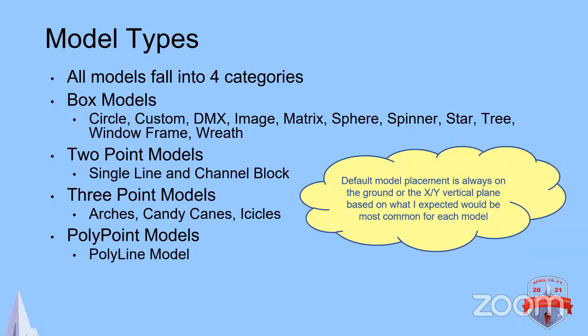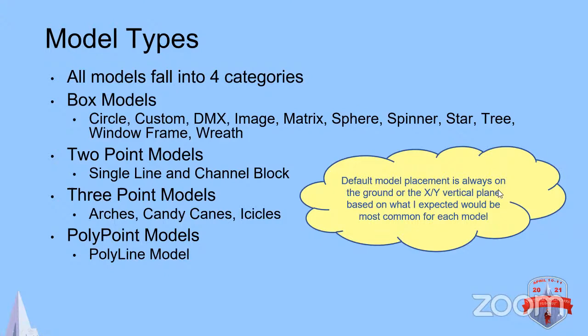For a 2-point model, like a single line, you're going to have 2 handles that set the endpoints for that model. Arches, candy canes, and icicles are going to have those 3 points because that 3rd point controls the height and the angle of the model. And of course, a polypoint model, if you haven't seen it, has any number of points, and every point's going to have a handle that you can control.